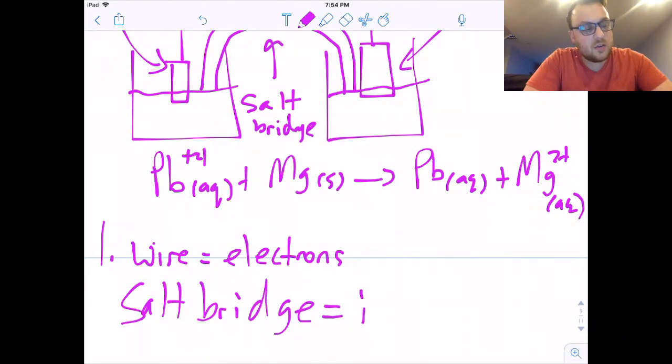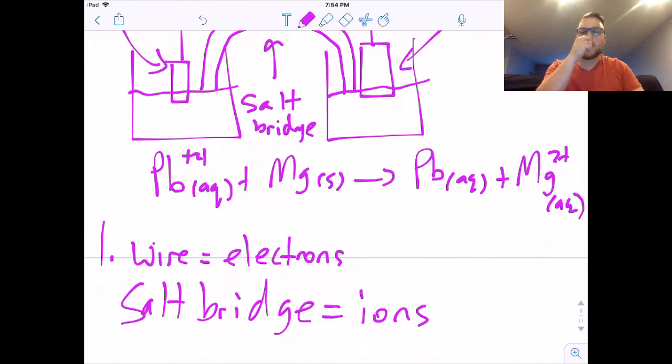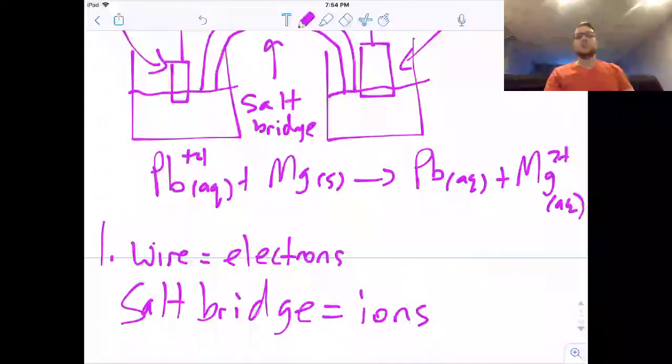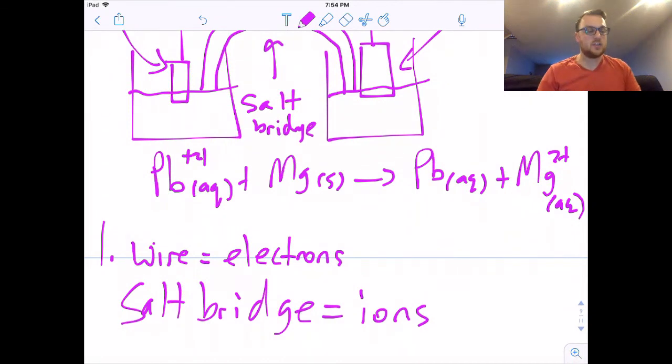They could ask you to show the half reactions for who's getting oxidized and reduced. So if they ask you for the half reactions, you could, 1, check table J to see who's getting reduced, which we already did. It's lead. Or 2, just look at the charges. Since lead is plus 4 here and 0 here because it's alone, lead's charge went down.